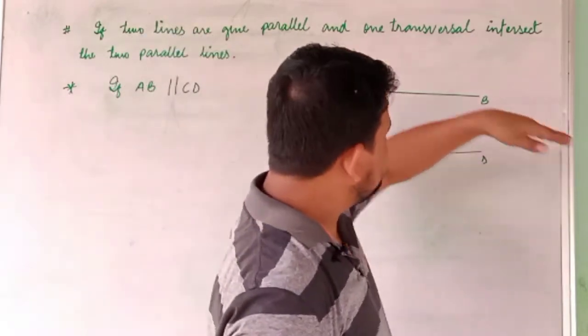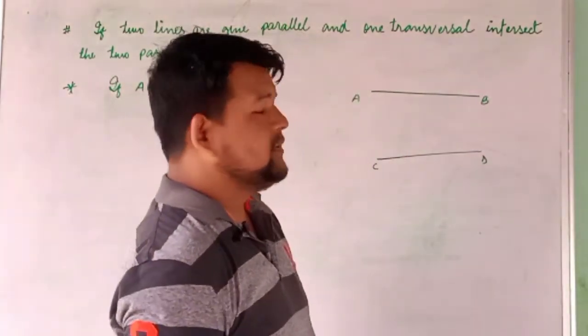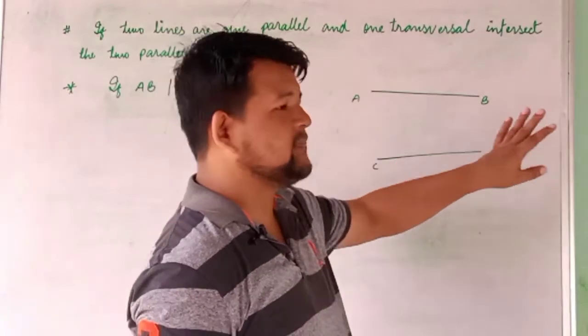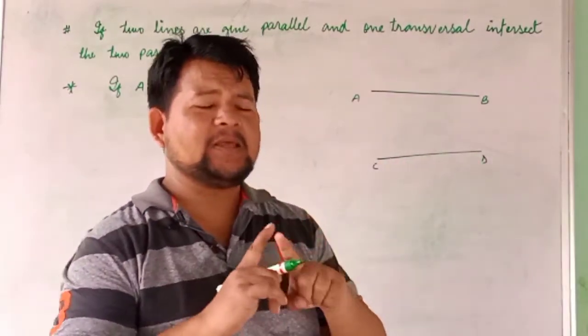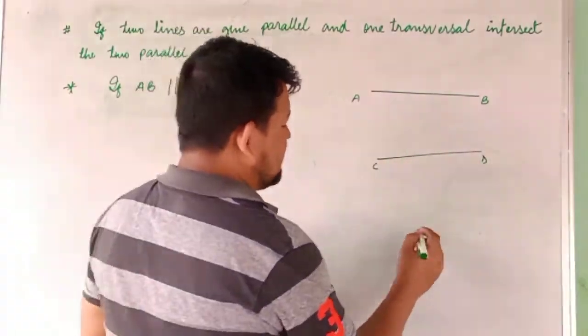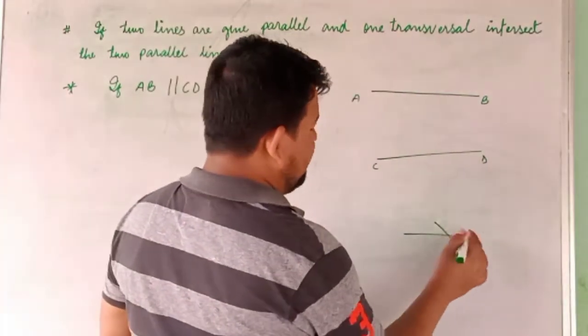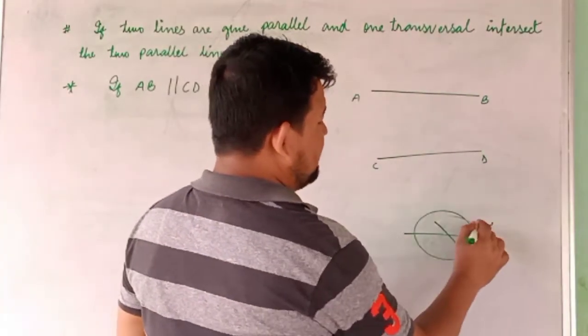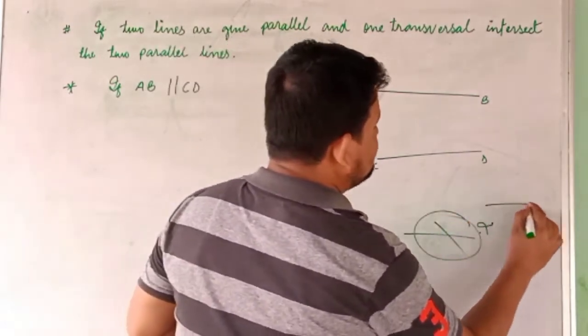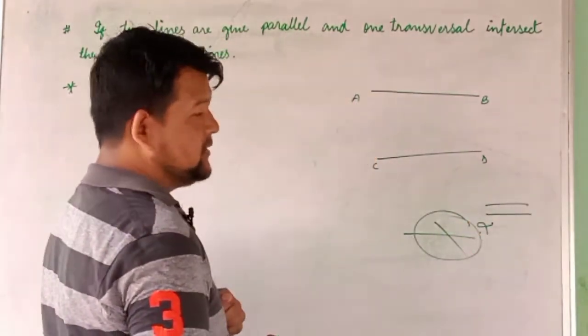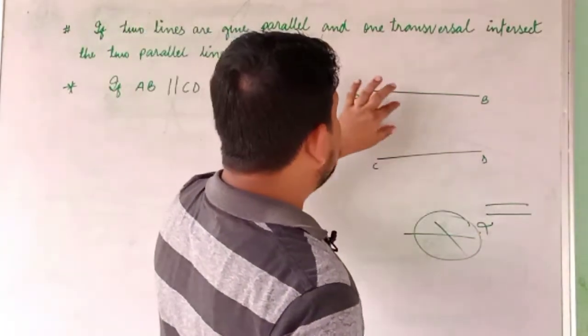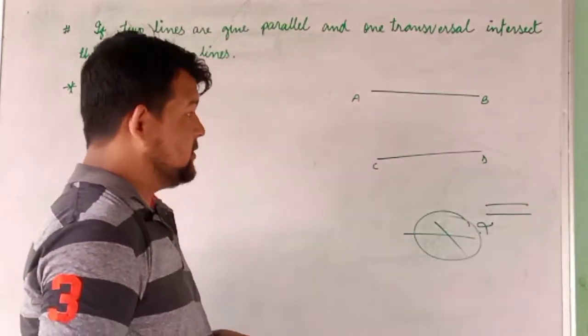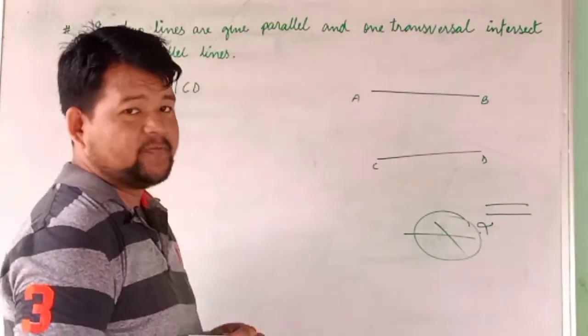Even if we extend more and more, this distance will always be the same. These two lines will never come and intersect each other. They will never cut each other, so they will always go parallel only. That type of lines are called parallel lines. I think what parallel lines are is clear for you.